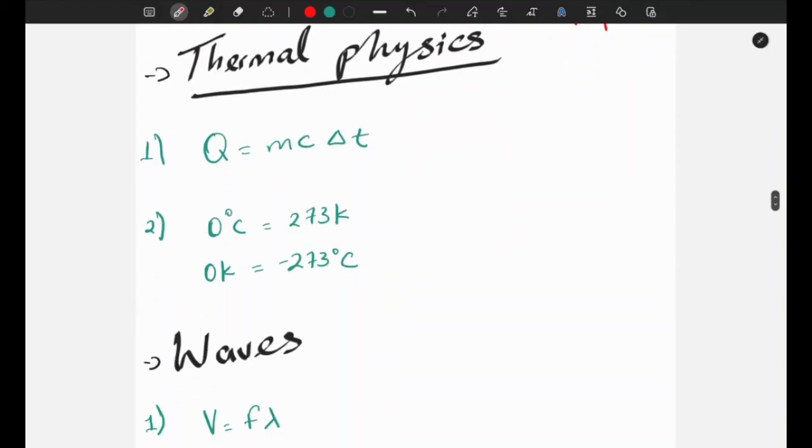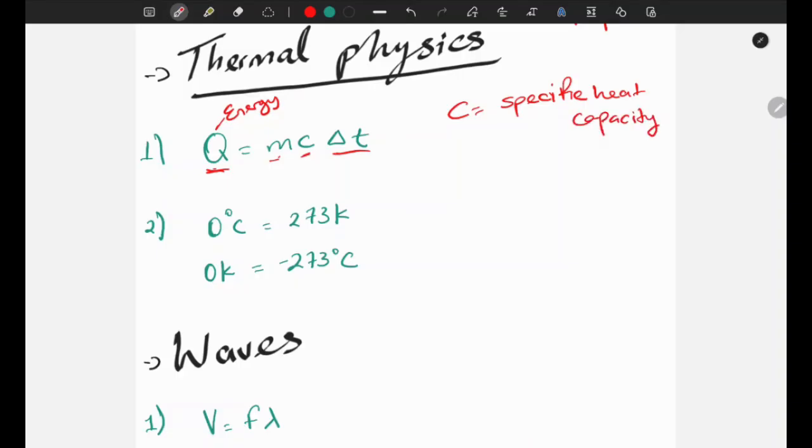Thermal physics. The formula you need to know, which is very important, is Q equals mc change in T. So Q, the heat energy, is equal to the mass times specific heat capacity, where c is specific heat capacity.